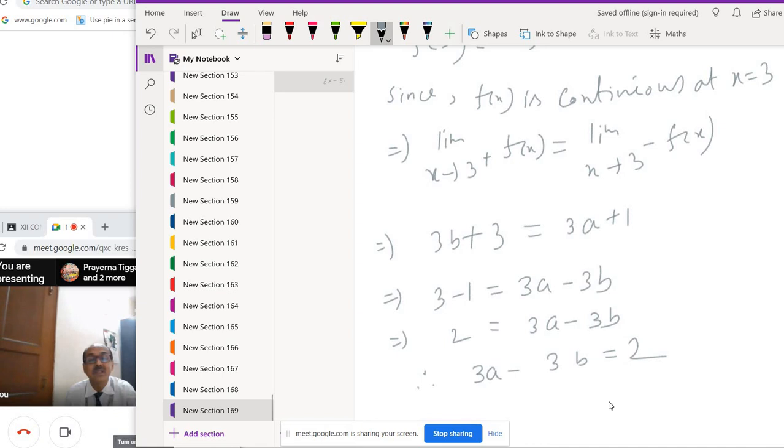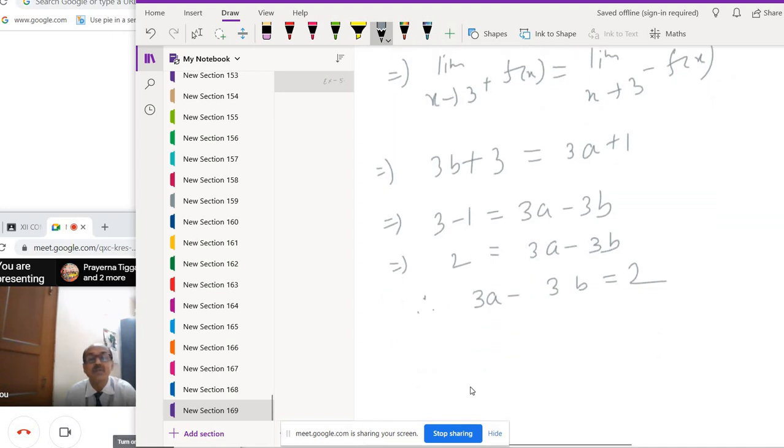So this is the relation. You can write one more step, taking 3 common, then a minus b equals 2 by 3, or 3a minus 3b equals 2. This is the relation between a and b.